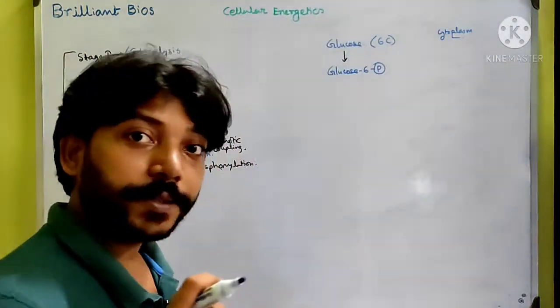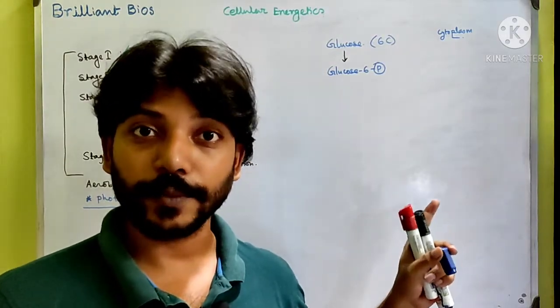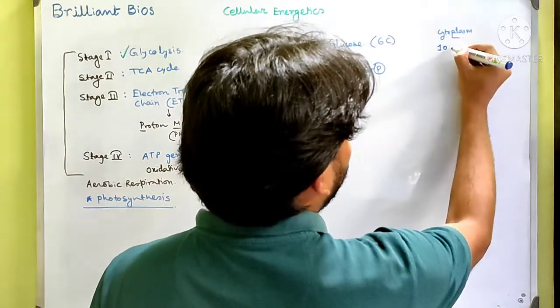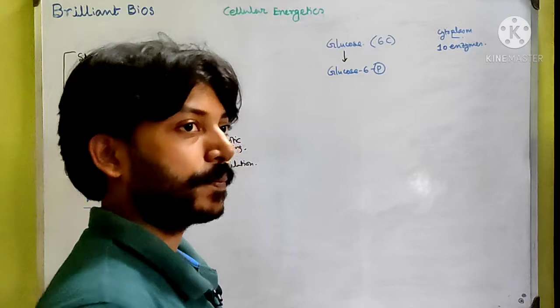And all the enzymes that are present in the cytoplasm are water soluble. There are 10 enzymes responsible for glycolysis.